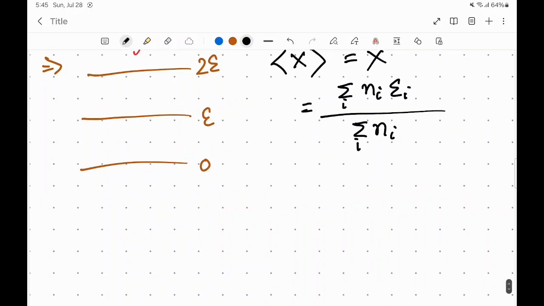So how can you now calculate this? Let's take a normal numerical example.